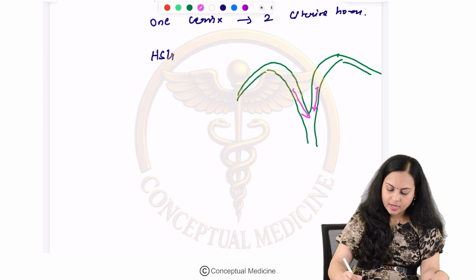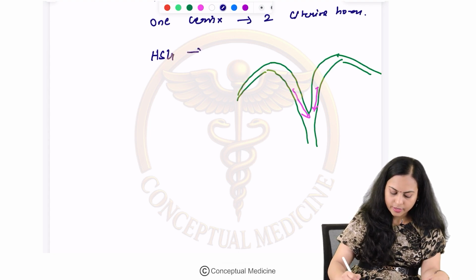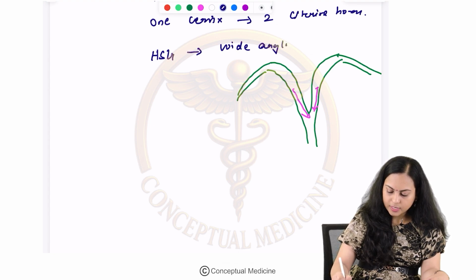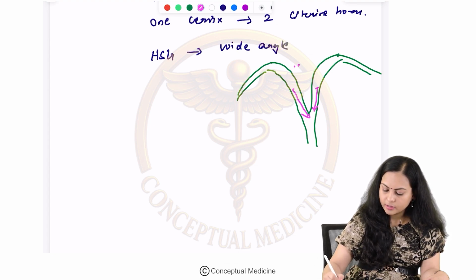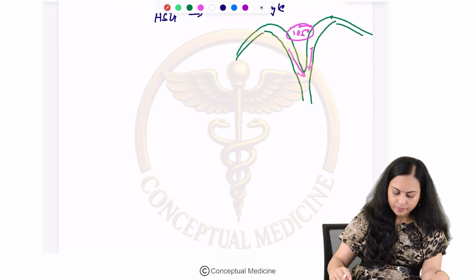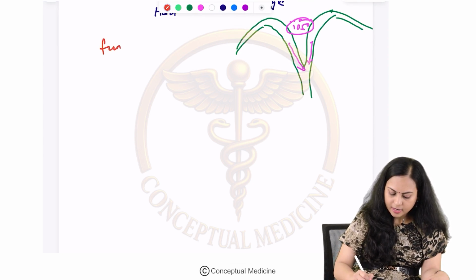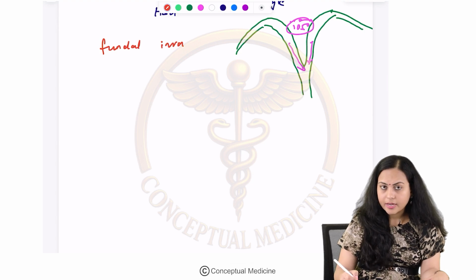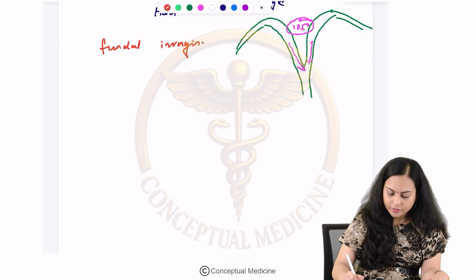Understood? Yes. Now, HSG pic will be showing wide angle between these two horns, right? There is a wide angle around 105 degrees. Okay. So, that one you have to remember. And if you take a 3D USG or MRI, you will be able to see fundal invagination.